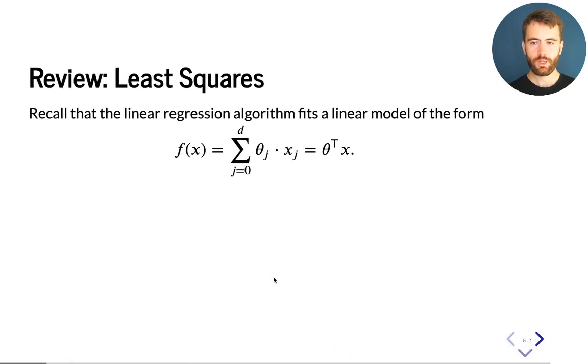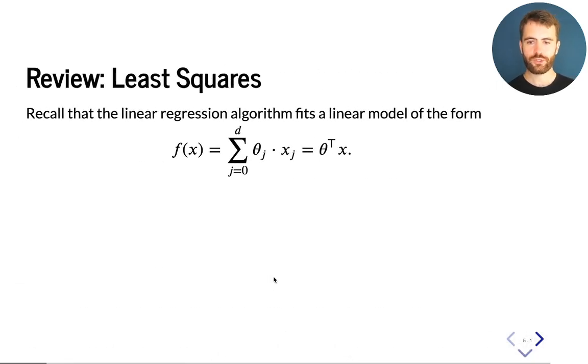So this was our discussion of probabilistic models. In earlier lectures, we also saw several machine learning algorithms for linear regression. In particular, one of the first algorithms that we saw was called least squares. Least squares is an algorithm that fits a linear model which has the following form.